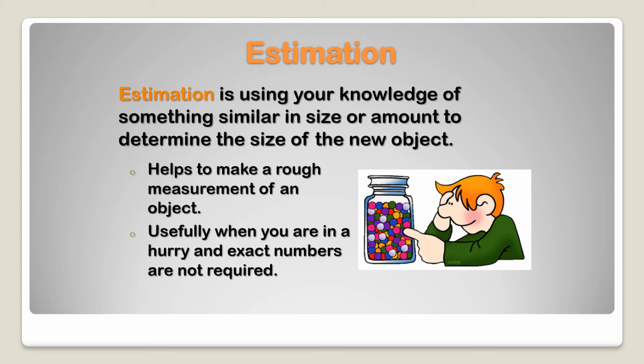So it helps us to make rough measurements of an object, usually when you are in a hurry and exact numbers aren't necessarily required. I'd say I estimate the person is 6 feet tall. He may be 5'11", he may be 6'2", but he's roughly 6 feet tall.